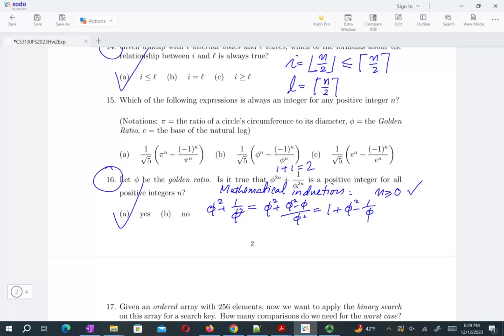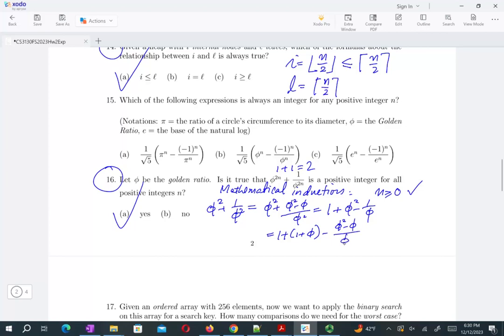All right. Then let's do some more formula transformation. Phi squared, we know 1 plus phi, right? And 1, we know phi squared minus phi, right?